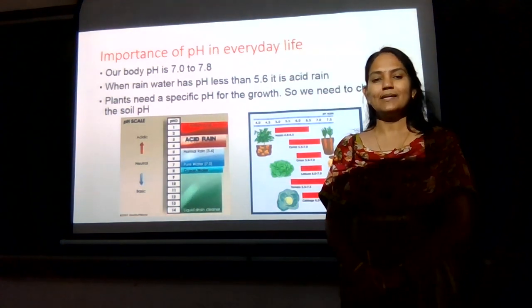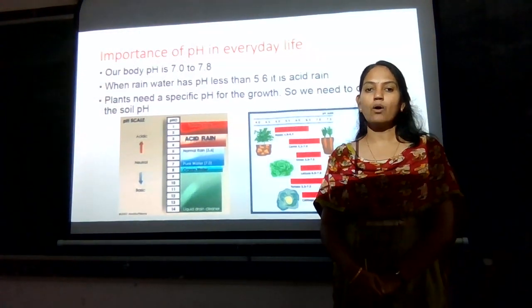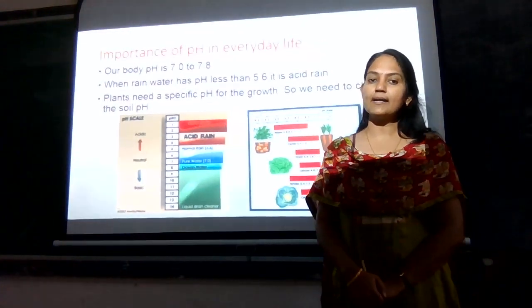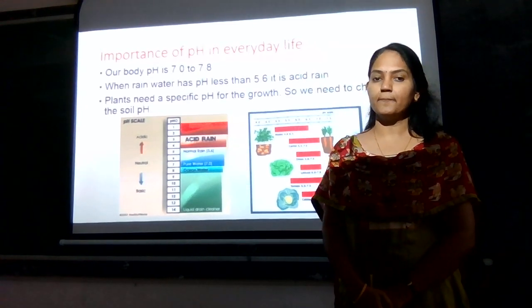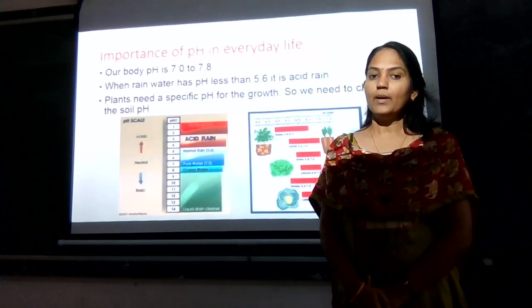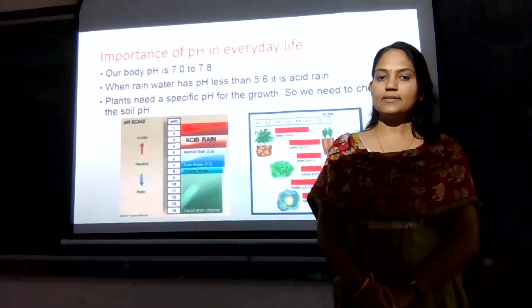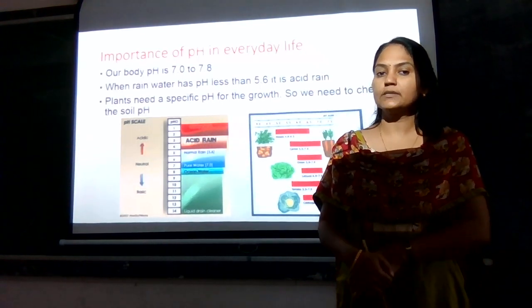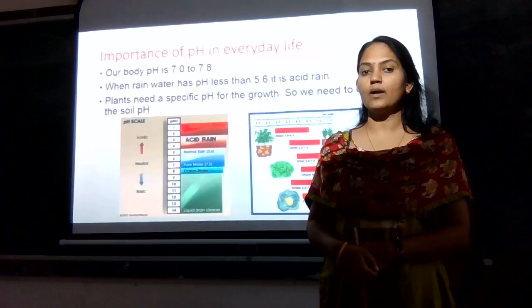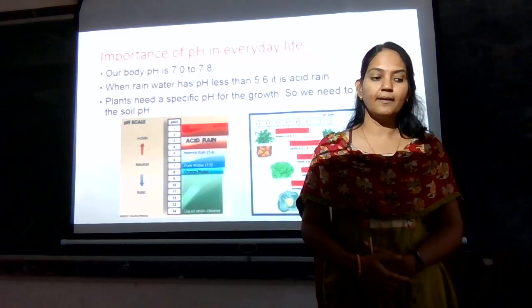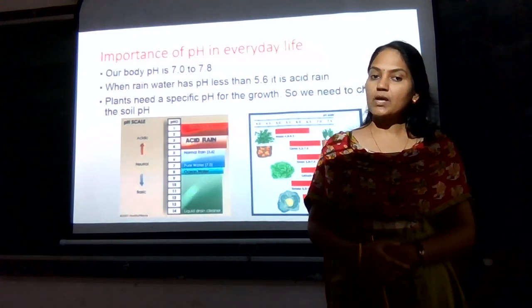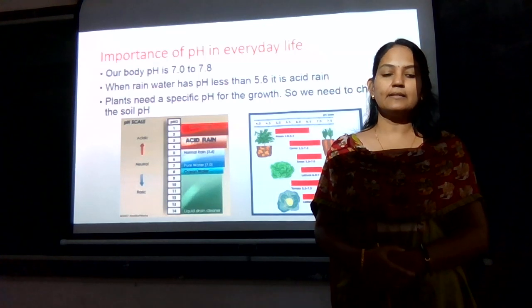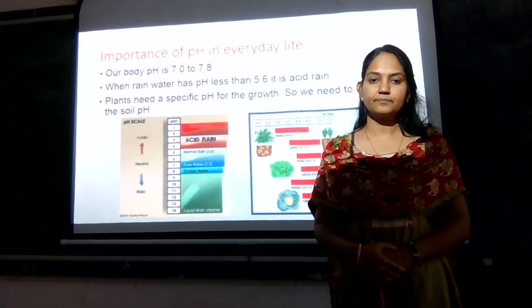Rainwater, as you know, is slightly acidic due to dissolved carbon dioxide, sulfur dioxide, etc. But when a large amount of sulfur dioxide and nitrogen dioxide along with carbon dioxide is dissolved in water, it turns acidic. And when the pH comes below 5.6, it is called acid rain.